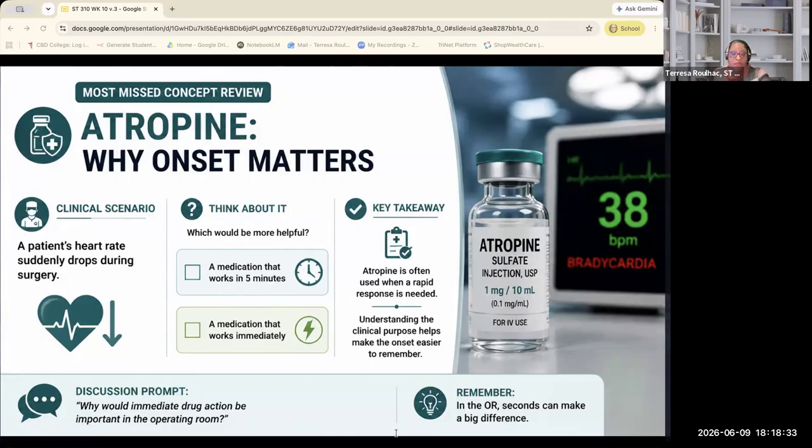Right, immediately. That's why atropine has an almost immediate onset when administered through IV. Think clinically, okay?